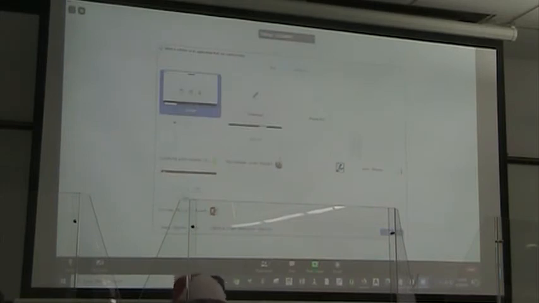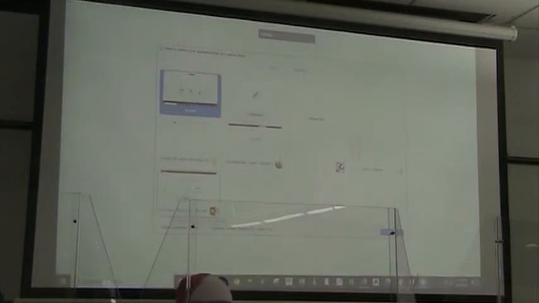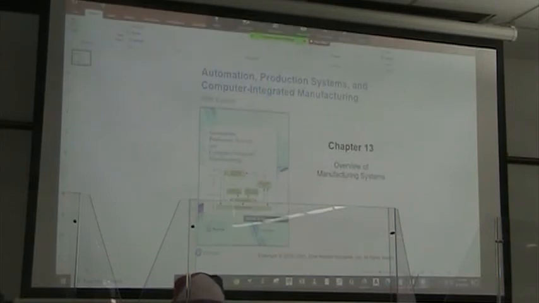That being the case, let's go ahead and move on to Chapter 13. And that is an overview of manufacturing systems.